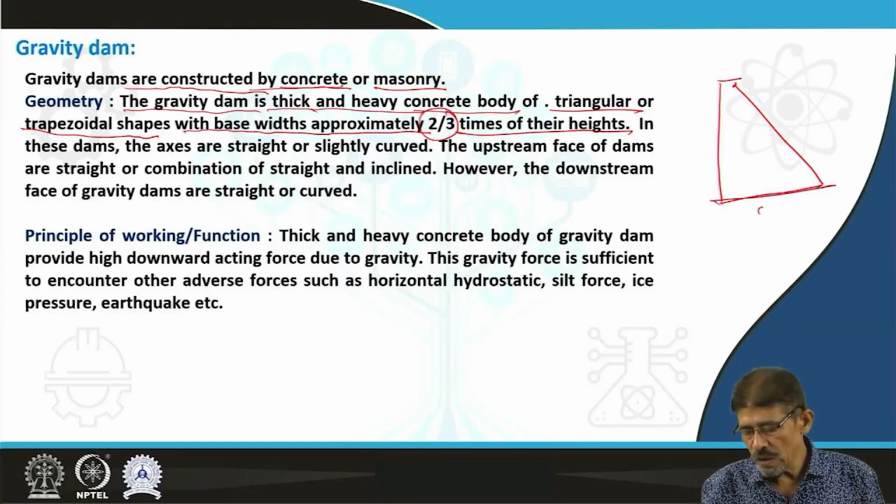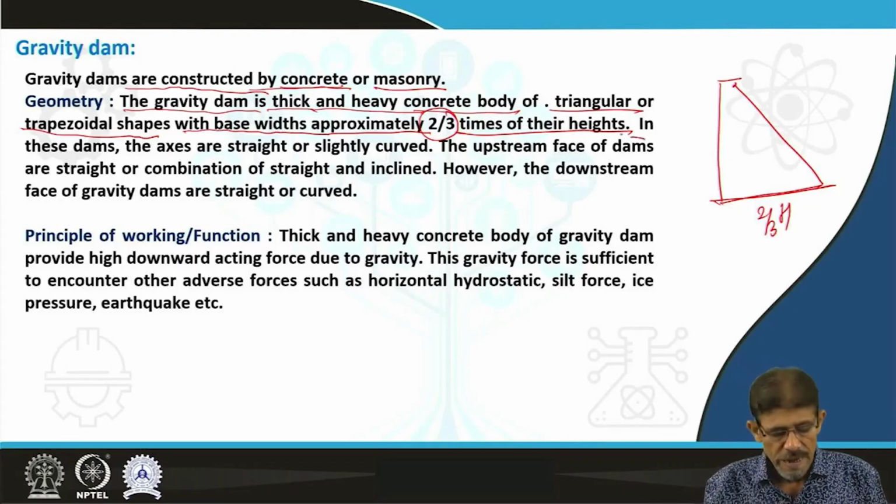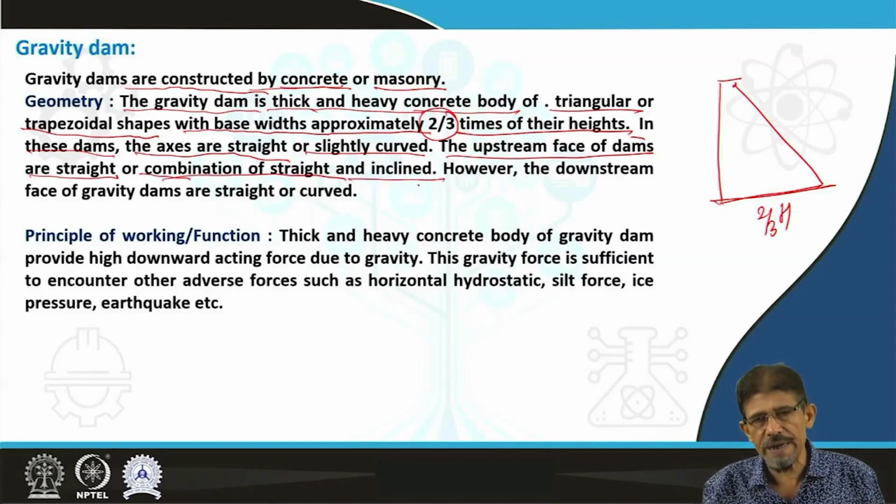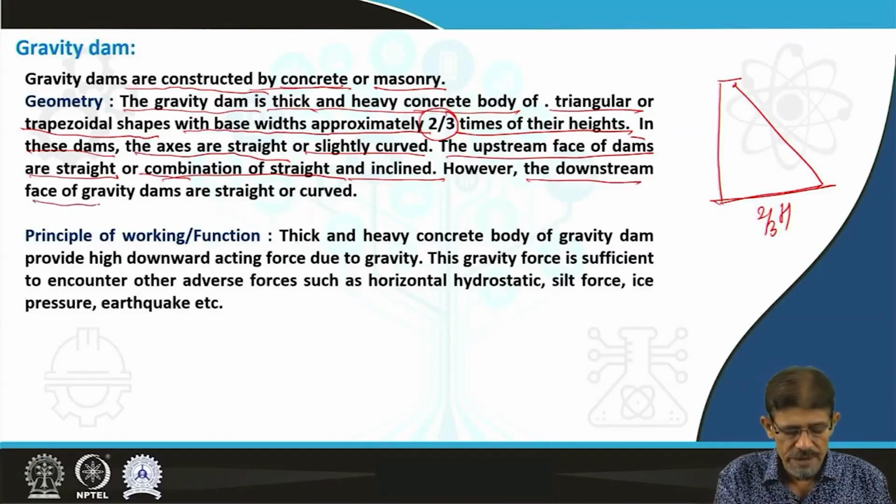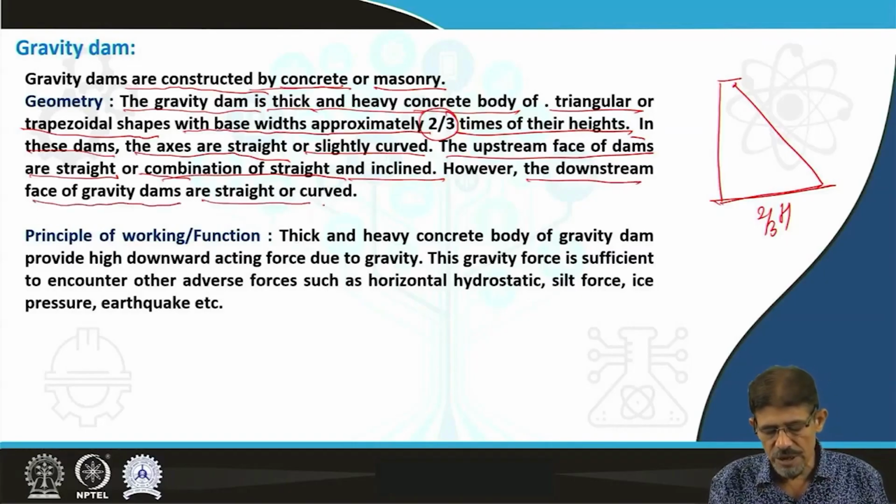In these dams, the axes are straight or slightly curved. The upstream face of the dam is straight and vertical or a combination of straight and inclined face. However, the downstream face of a gravity dam is straight or curved in nature.